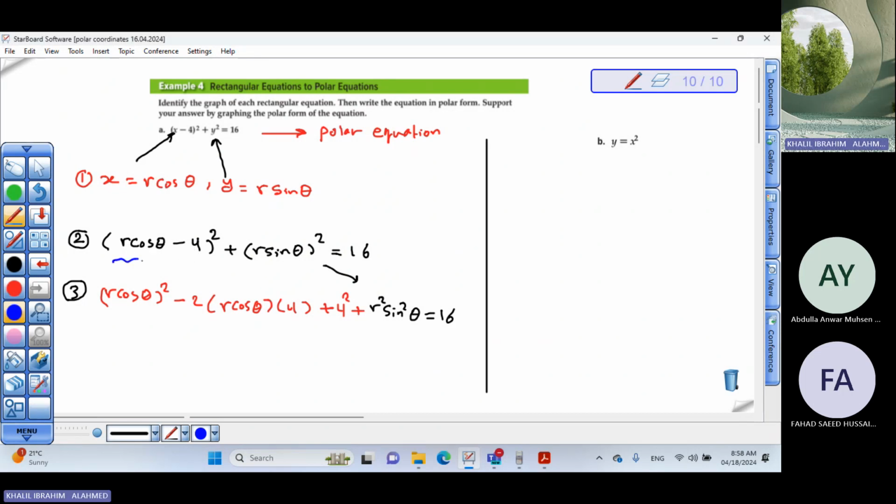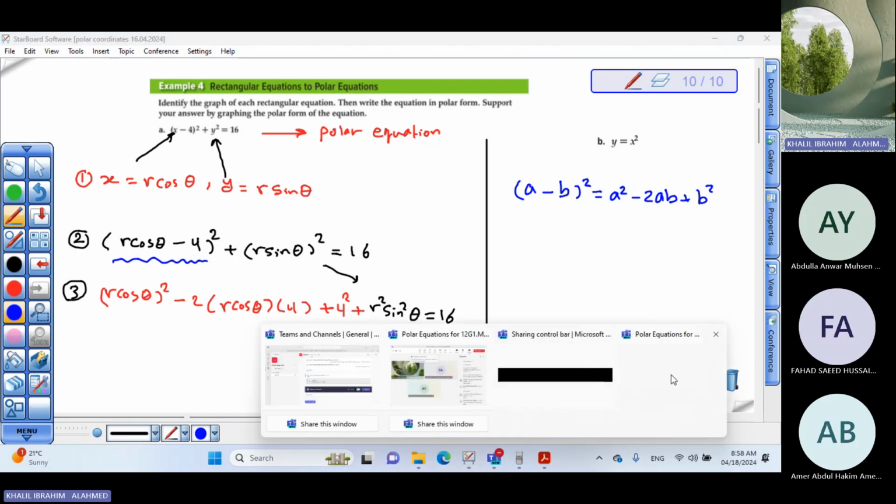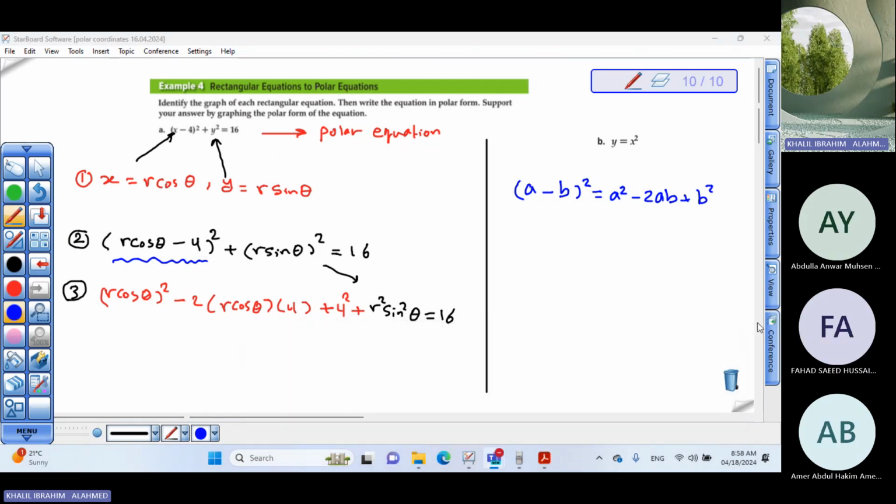Because they didn't keep in mind how to expand this formula. I will explain it here. If a minus b all squared, this equals a squared minus 2 times a times b plus b squared.